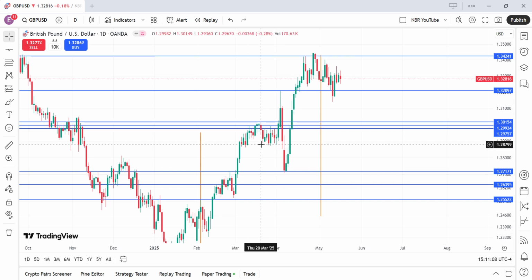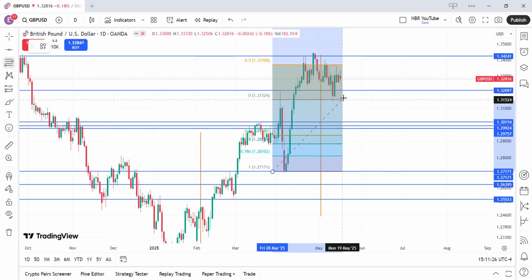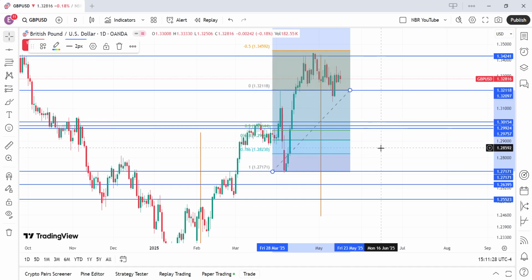So in this case, what you are able to do is set up the fib. You're not going to take any sell from here. You're just going to set the fib from this place into the highest place.